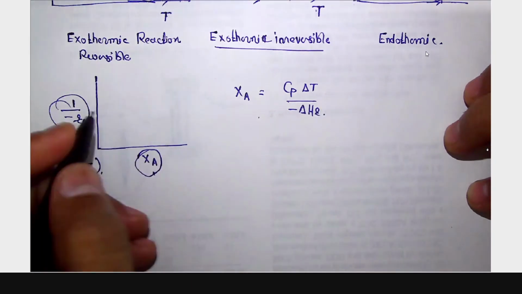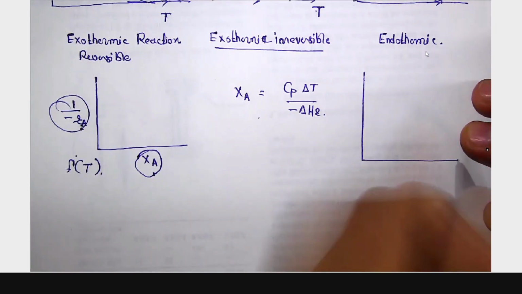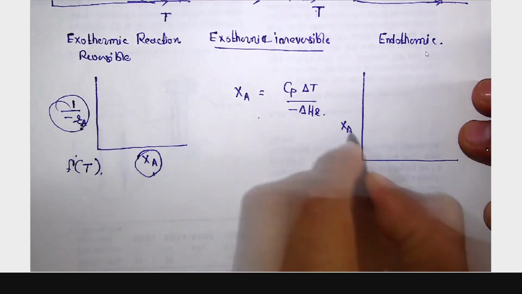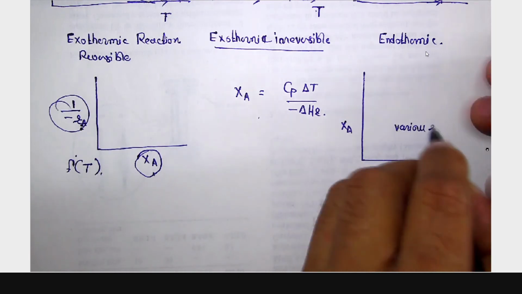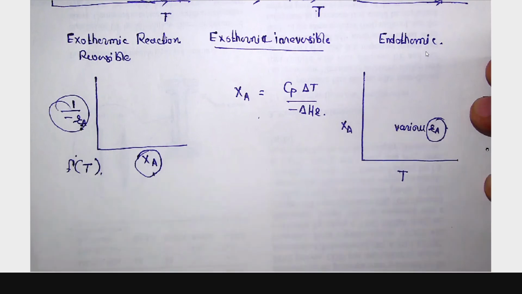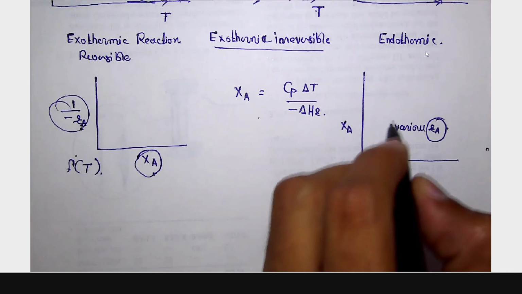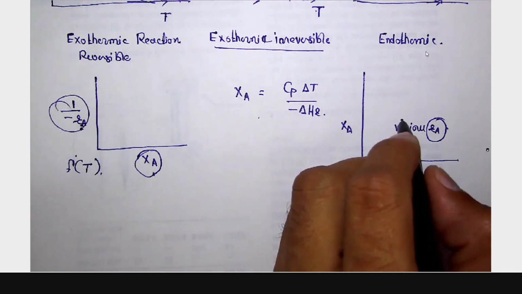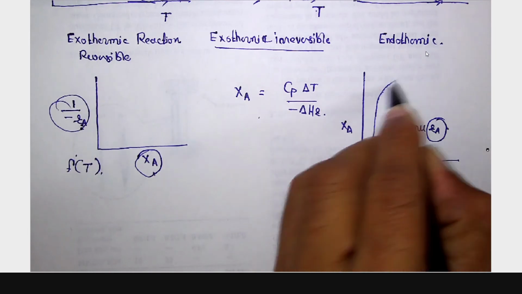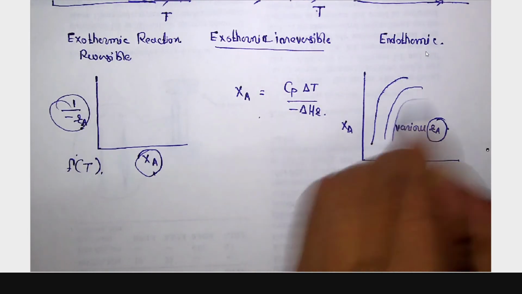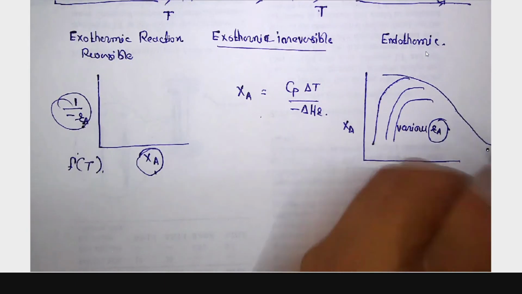So this optimum temperature progression figure is for XA versus T for various RA values. So if you fix the RA value, then you may have different curves, like this one, this one, this one. But finally the locus, if you take it, it will be like this.